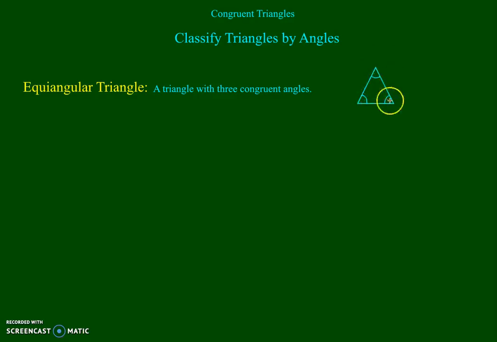Now, this sets up an interesting property. If all three of these angles are congruent and all the angles have to add up to 180 degrees, then you have 180 divided by 3, which is 60 degrees, which means that every one of these angles is acute. So that means that an equiangular triangle is also an acute triangle.